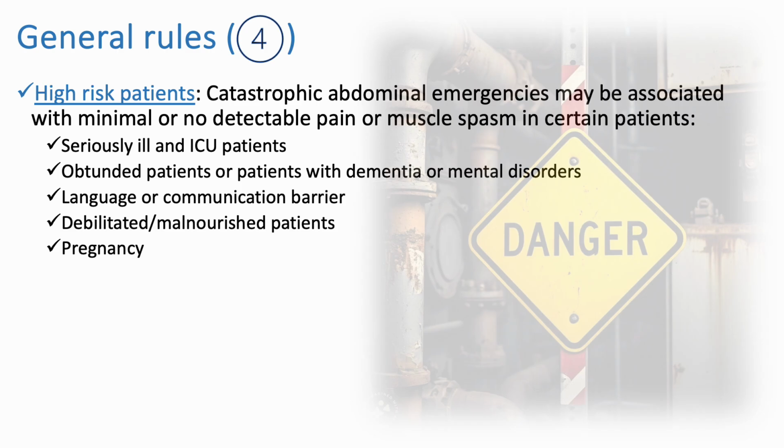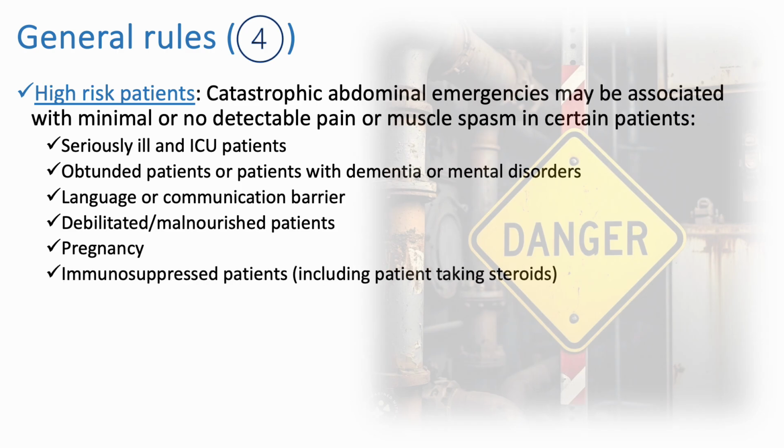Pregnant ladies can have a really serious cause of abdominal pain without acute deterioration until late in the disease, and then they present really late with, unfortunately, a serious condition. Also, you're limited in terms of investigations and imaging that you can do in these patients, so they're really high risk patients, so pay attention to them.